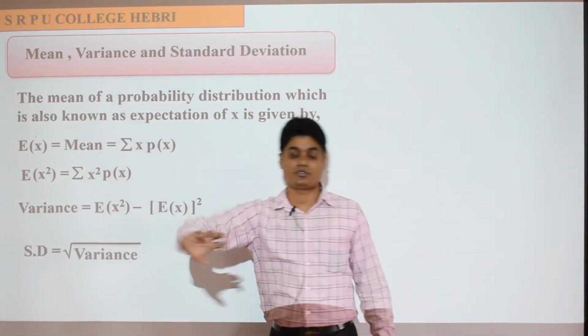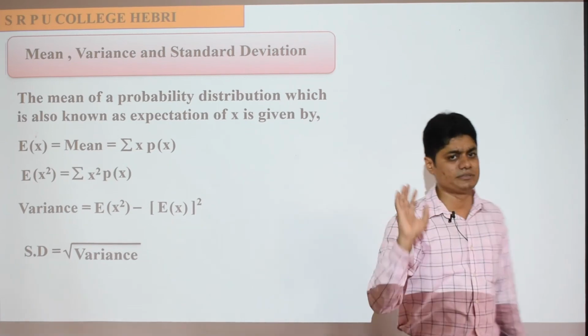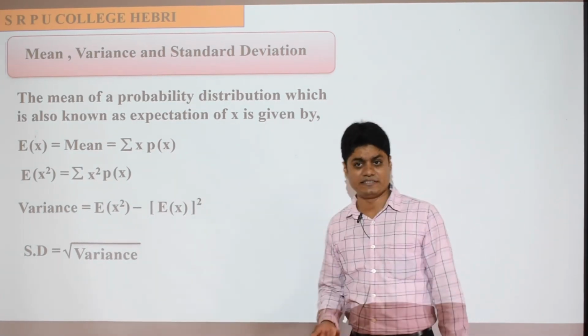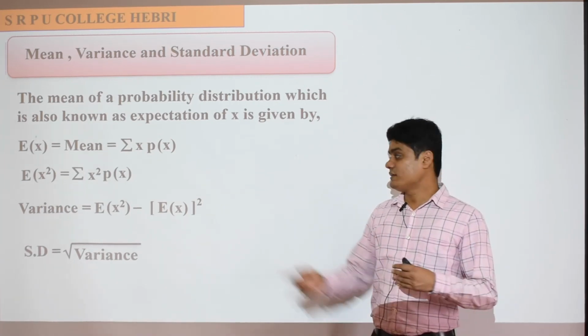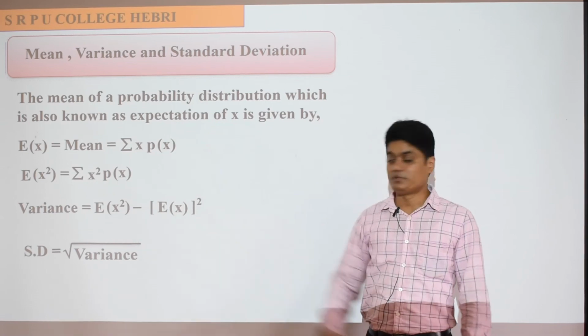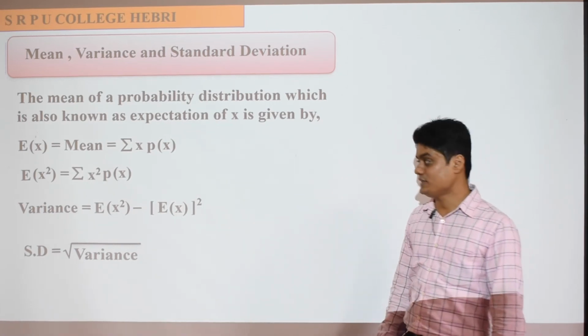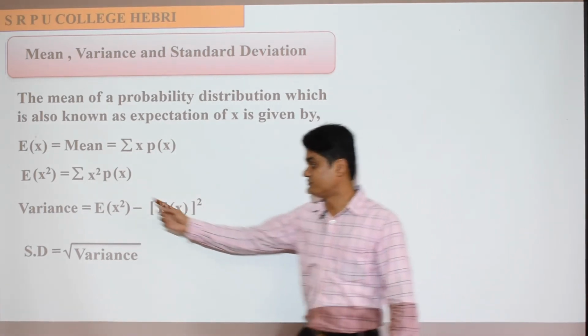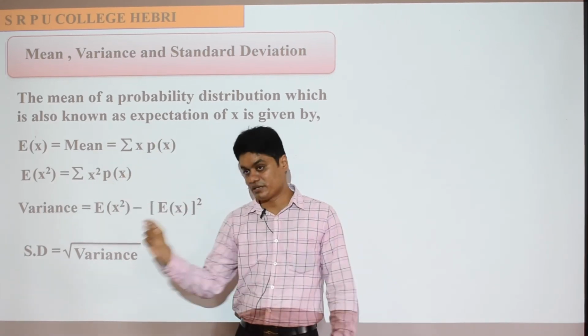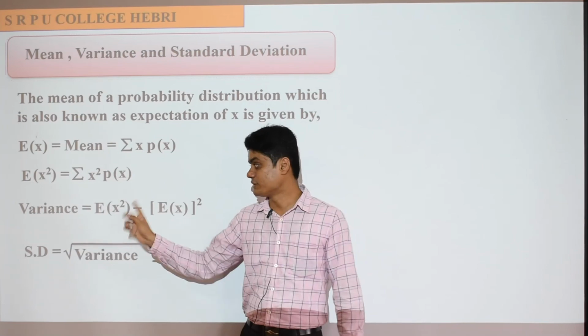Find the expectation of the probability distribution. Very simple problem. X will be given, and p of x will sometimes be given or you can find it easily, nothing to worry. Then write one more column for x into p of x, add all the numbers, use the formula, and you will get the expectation or the mean. After getting the expectation, the rest is very easy. Write one more column, x square p of x, and you will know how to get the variance.